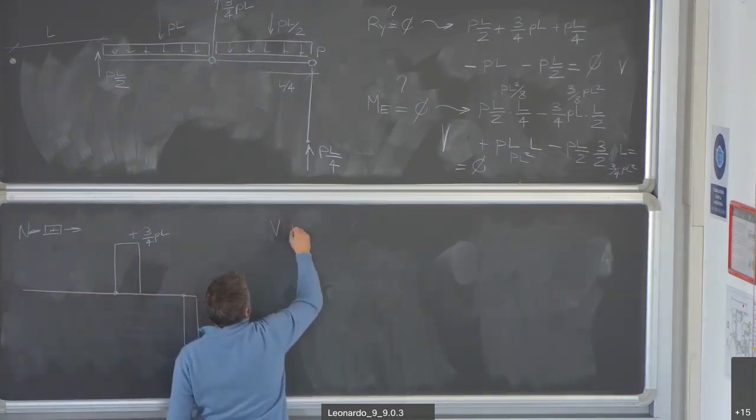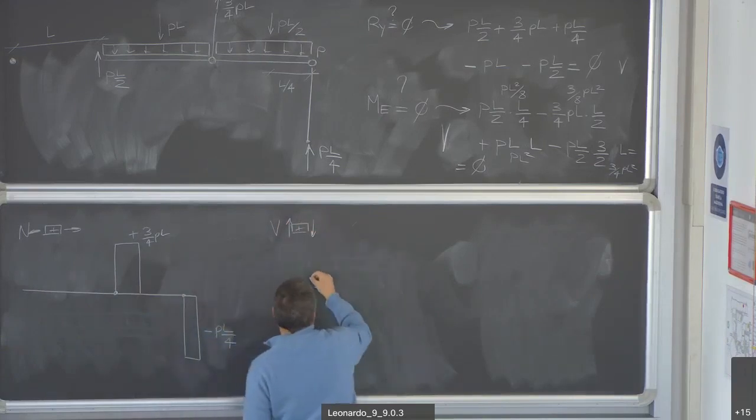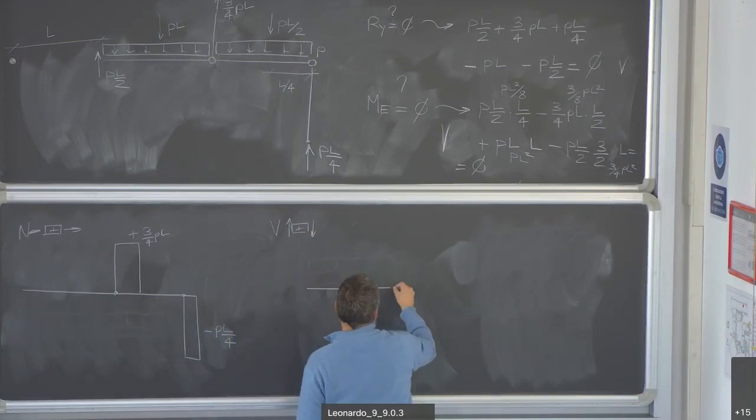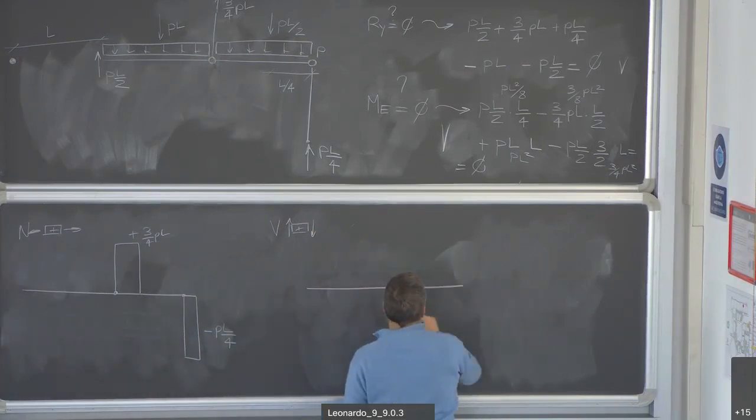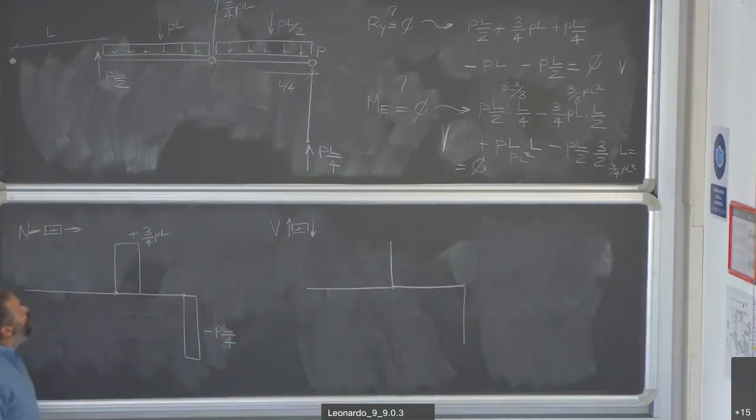Now the shear force diagram. You have the results in your hand. You know that on B maybe you have a clockwise shear, which is PL divided by 2 to the left, a counterclockwise shear to the right.